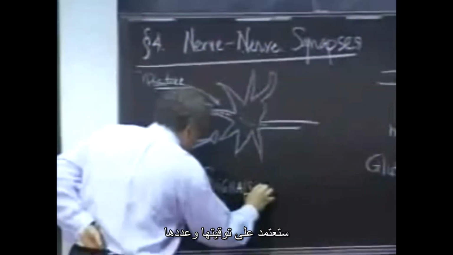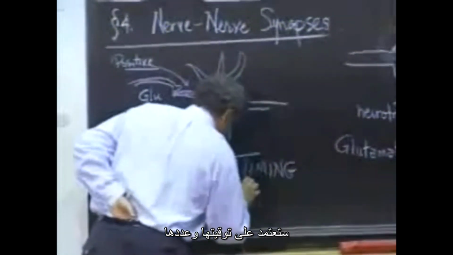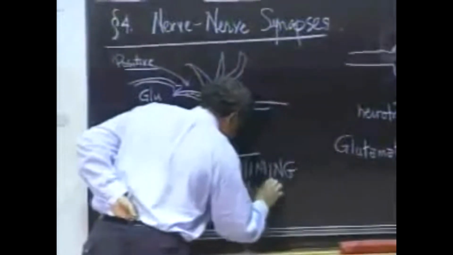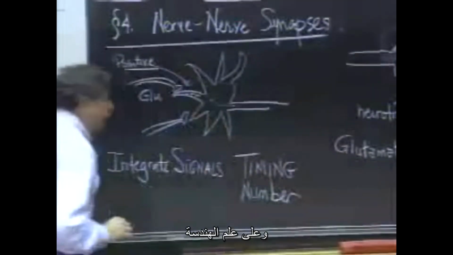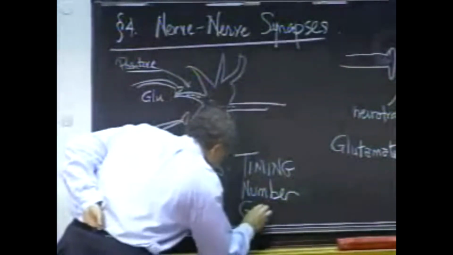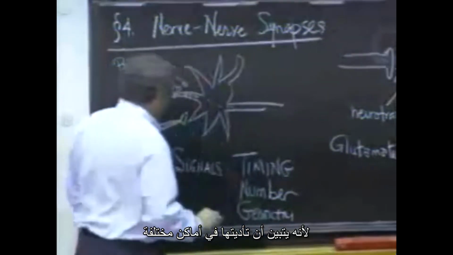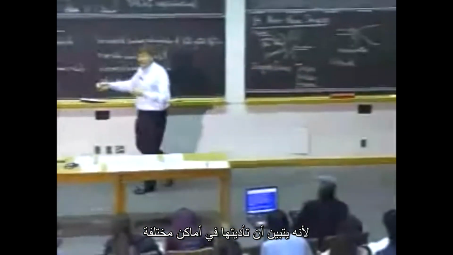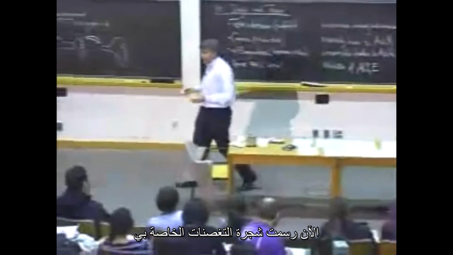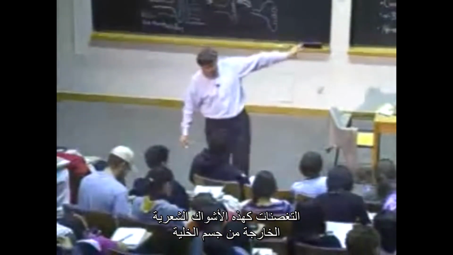It'll depend on their timing, the number, and the geometry. Because it turns out that doing it at different places in the... now, I drew my dendritic tree, the dendrites, as all these little hairy spikes coming off the cell body.